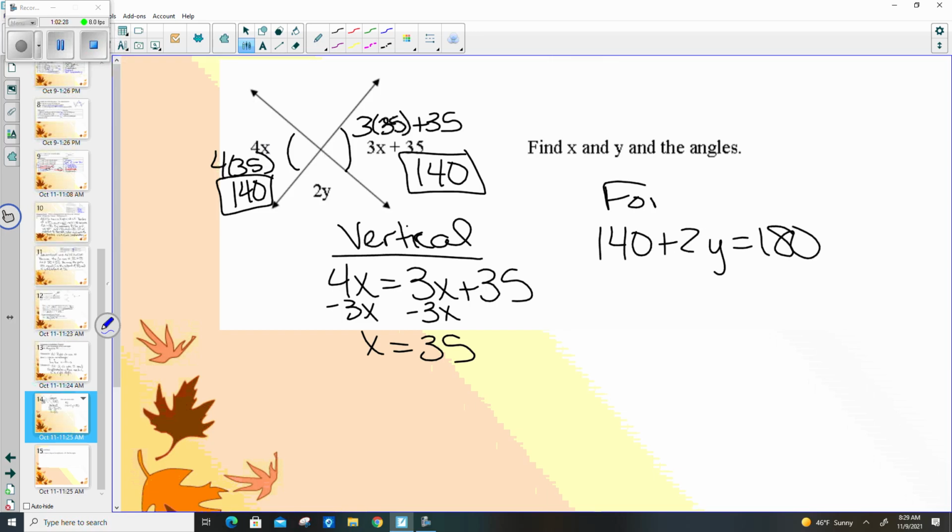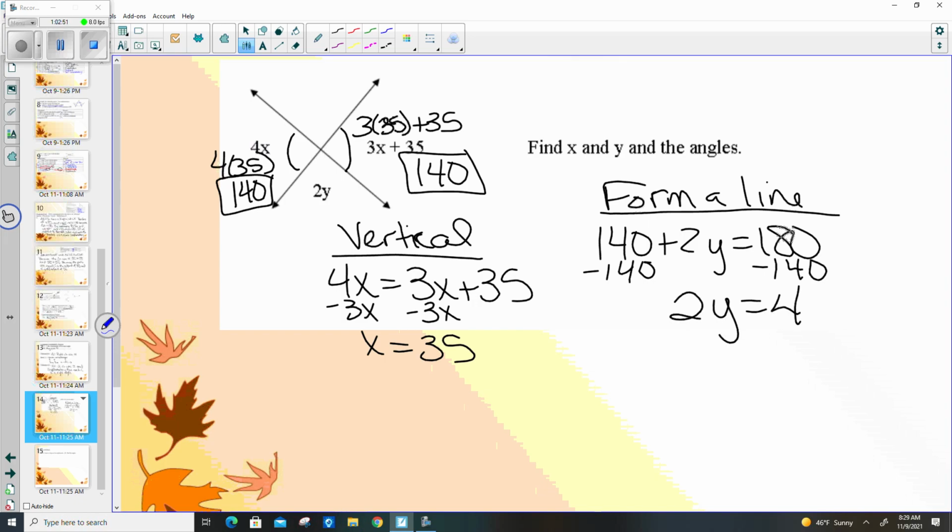Because they form a line. How am I going to solve that one? Come on. Thank you. So 2y equals 40. What's y?